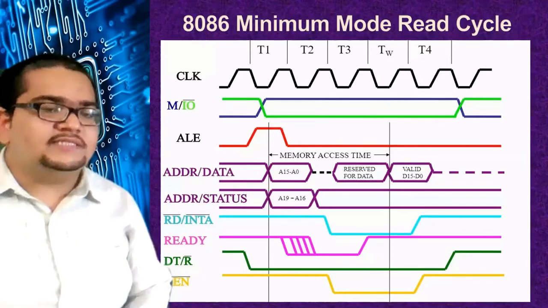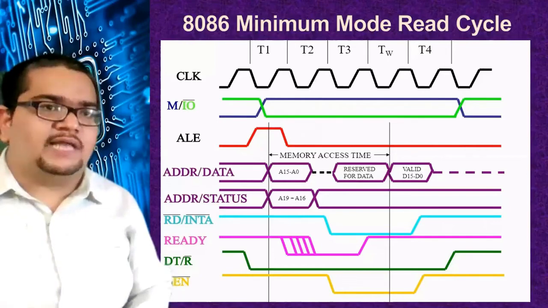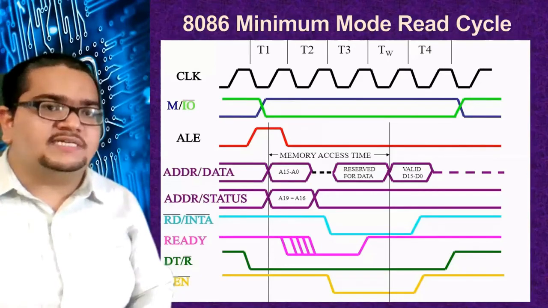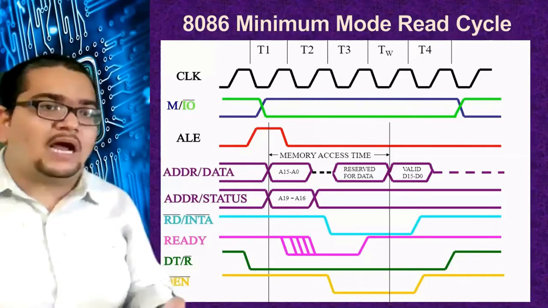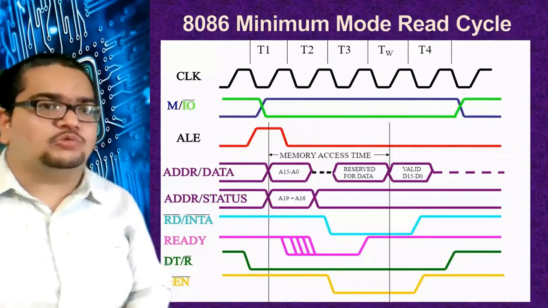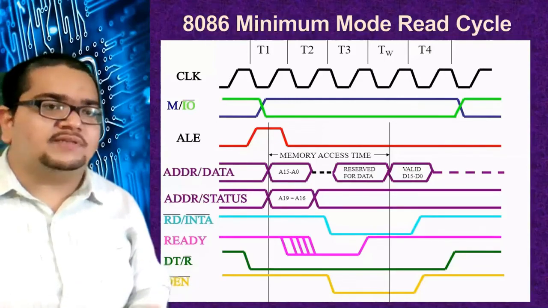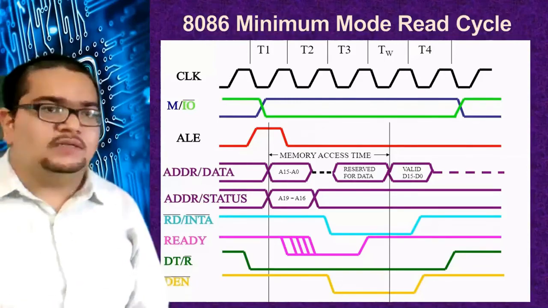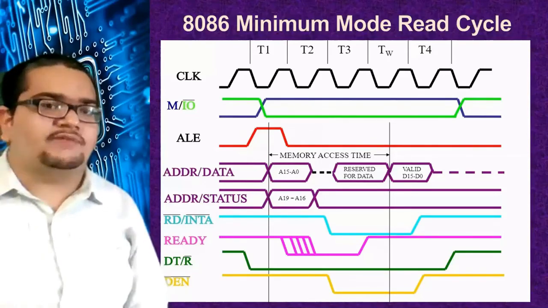DT/R bar, this signal is given to the buffers. We have seen it in the earlier system configuration diagram. It tells the buffers whether the data will come from the processor side into the buffer or from the other devices' side into the buffer. Since it is a reading operation, it indicates to the buffer that the data will come from the other side, from the peripherals into the buffers first, and then from the buffer the processor will take it.